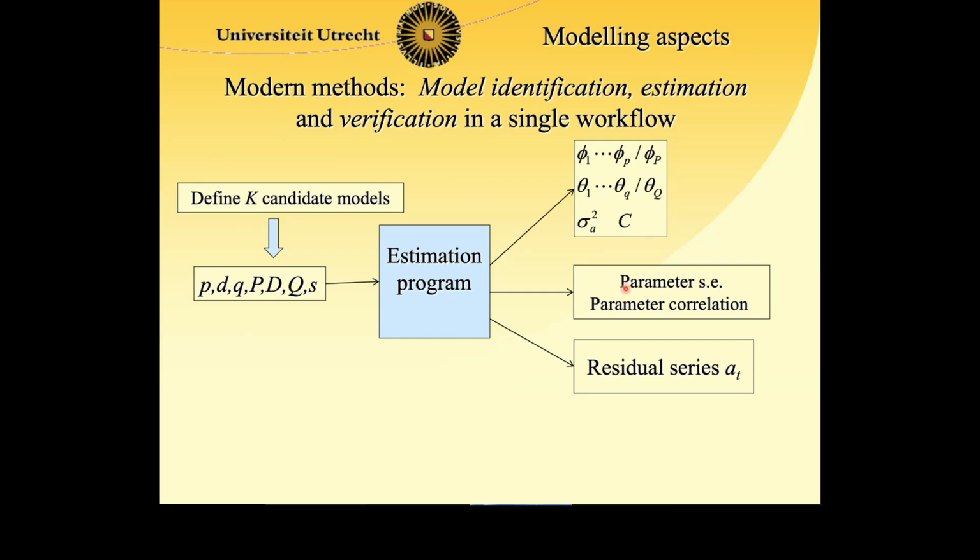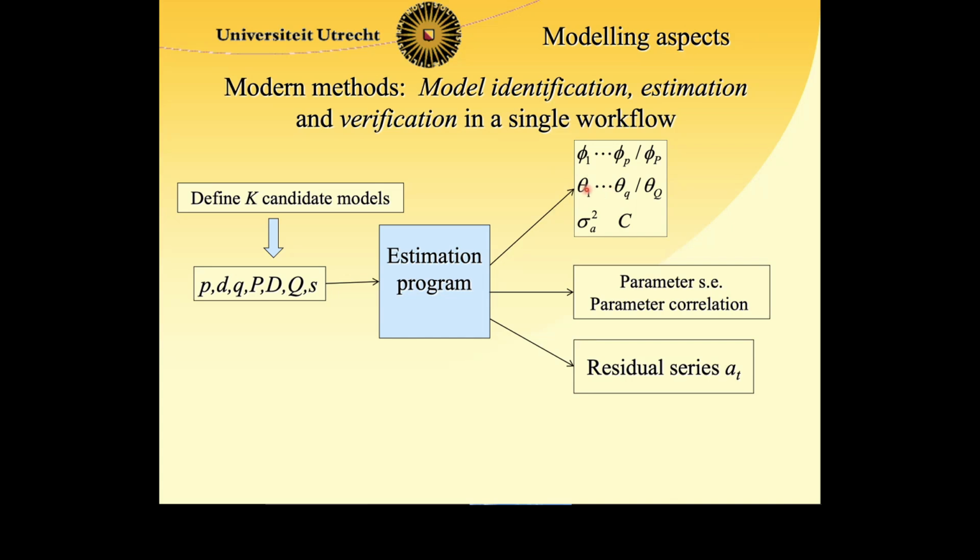I'll come back to that later, but you look at the parameter standard errors. Are there any parameters that are not significantly different from zero? Then models with those parameters have to be thrown out. Also, if there's a model where two parameters are highly positively or negatively correlated, for instance theta 1 and theta 3, that means that if they're positively correlated, then a higher value of one goes together with a higher value of the other.